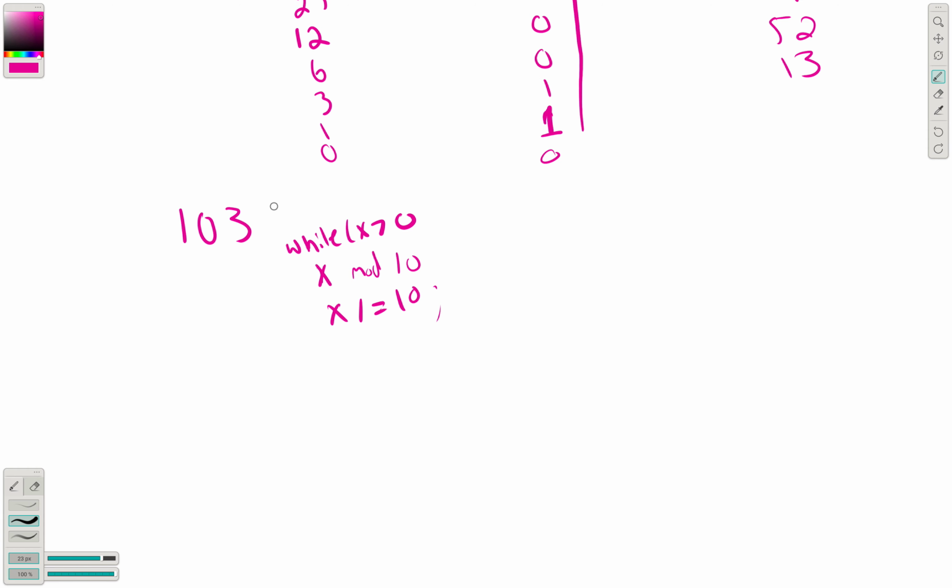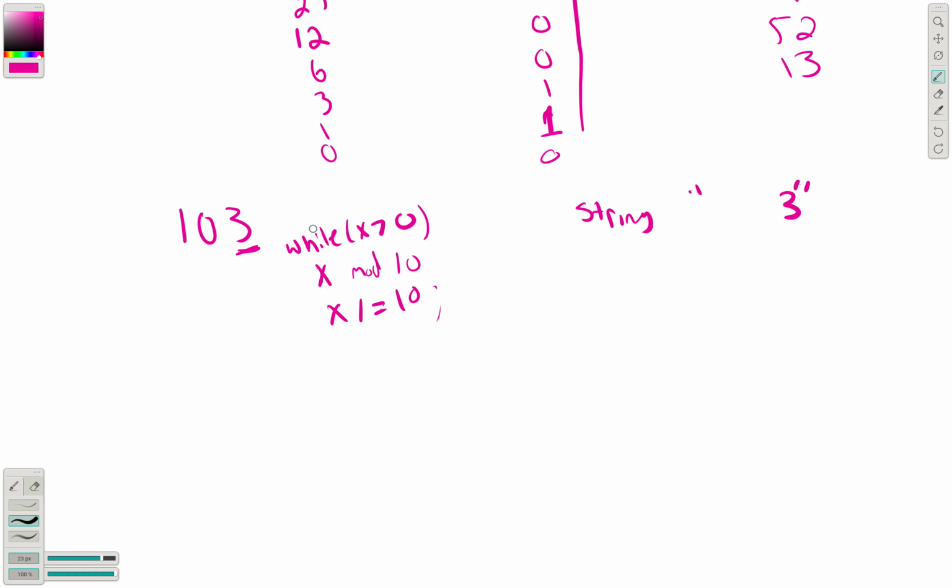So when you mod 103 by 10, you get the first digit. Right, that's how you get the first digit. You just mod it by 10. And then, so now we have a string. So I'll write this string here. We have it looking like this, and we just got the 3.